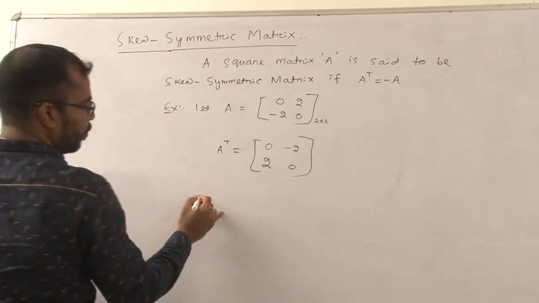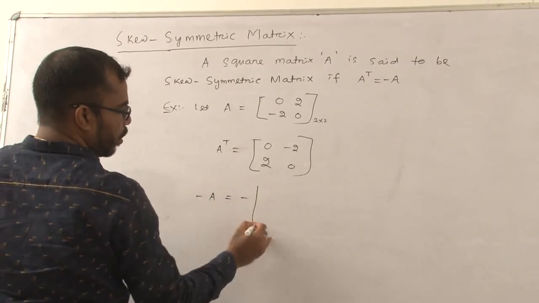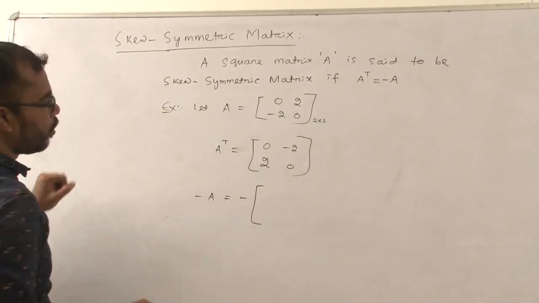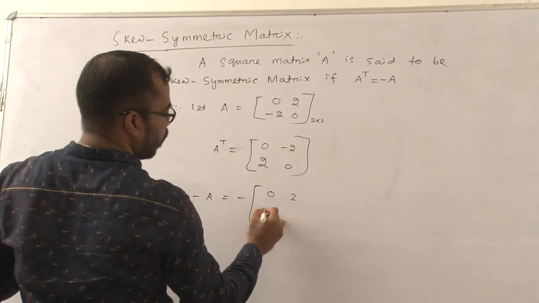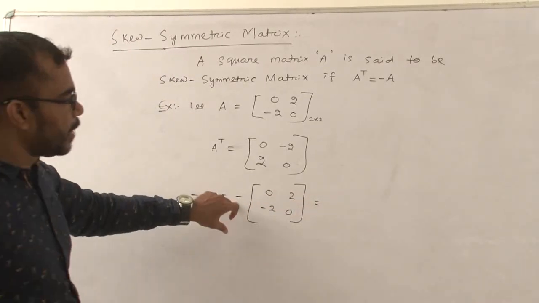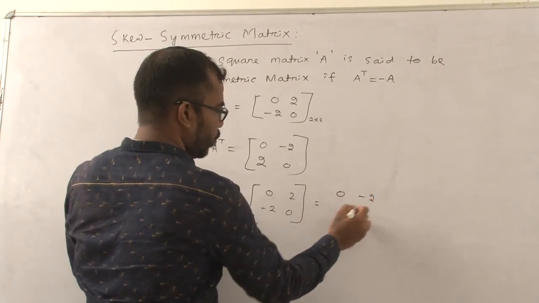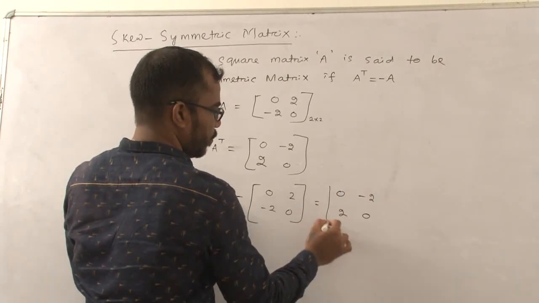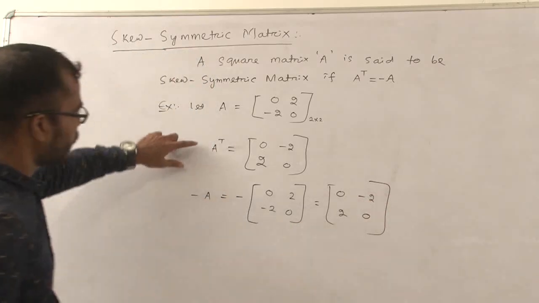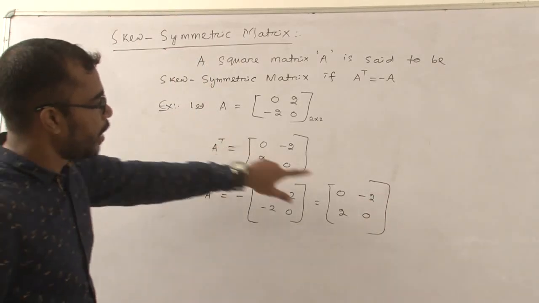Now we find the value of minus A, negative of A. We put the value of A here; value of A is 0, 2, minus 2, 0. If we multiply by the negative sign, we get 0, minus 2, 2, 0. Now we check: transpose of A and negative of A, the values are the same.